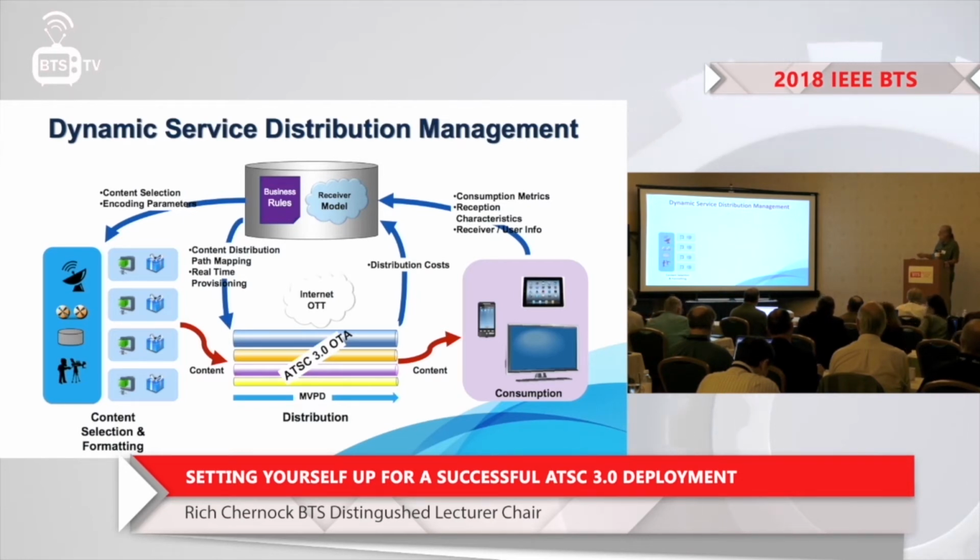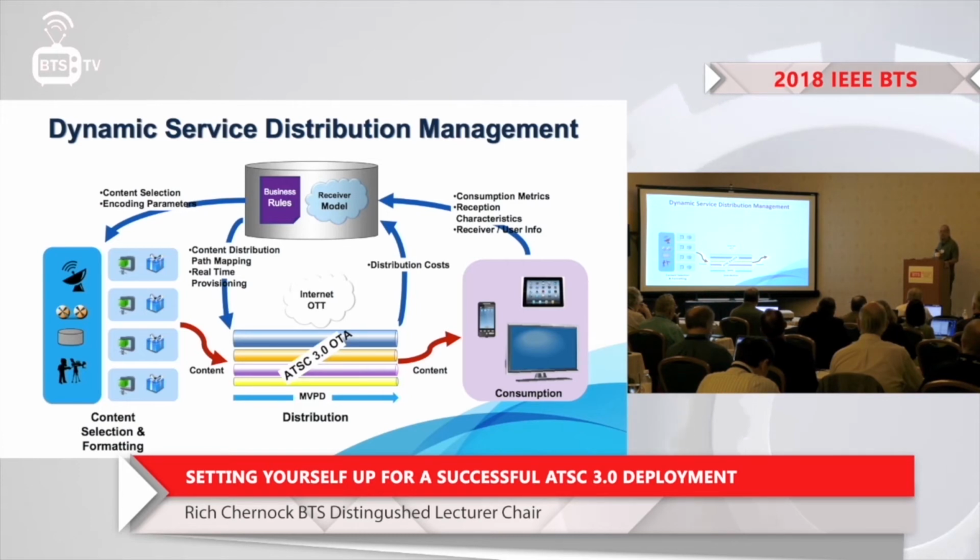Today, the stations operating are going to select content, they're going to format content, they're going to send it off into a distribution pipe, could be over the air with ATSC3, with multiple pipes, PLPs or LDM. The internet is part of the picture, so broadband is part of it, MVPD, retransmission on cable systems.